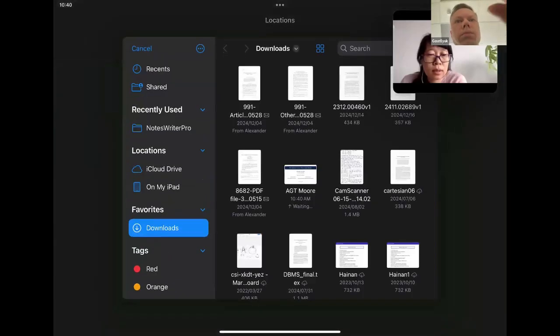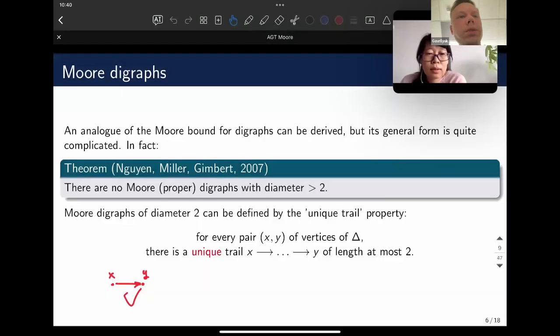Oh, sorry. So in a Moore digraph, there are no backup trails from y to x in this case.